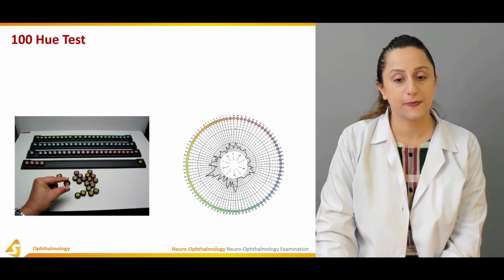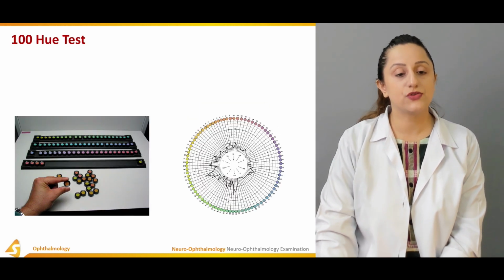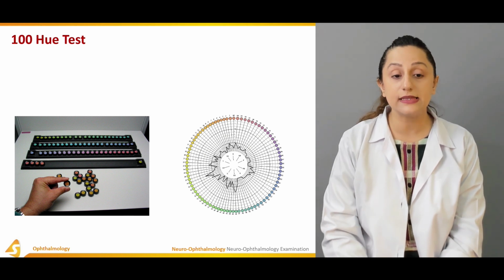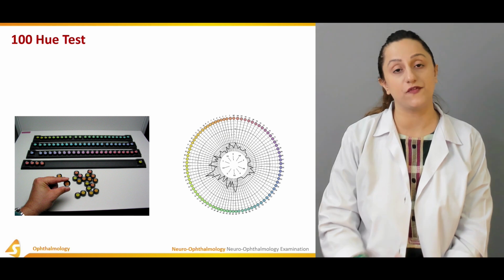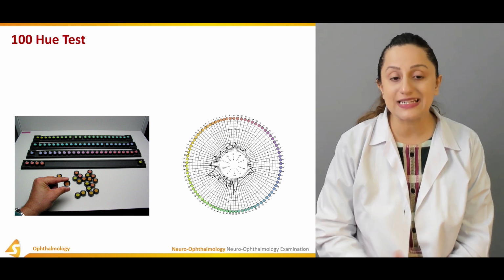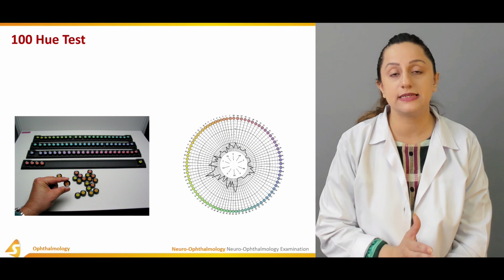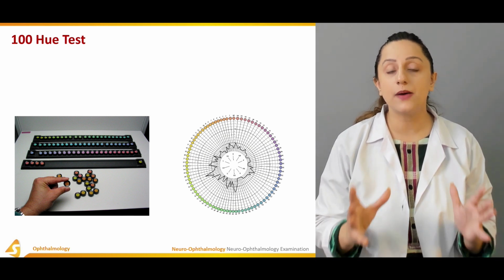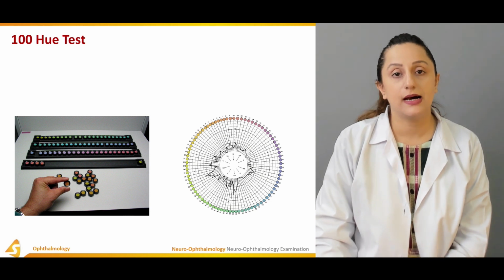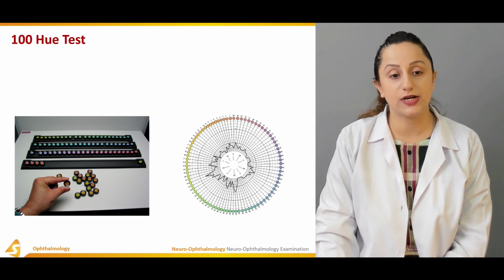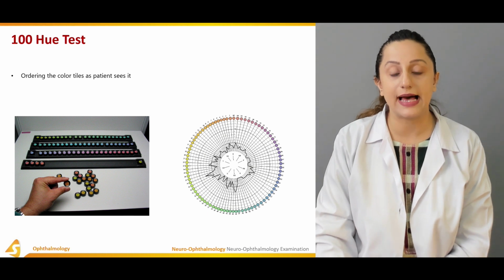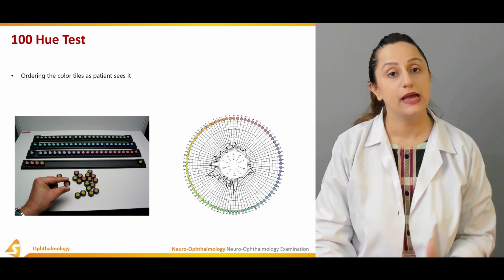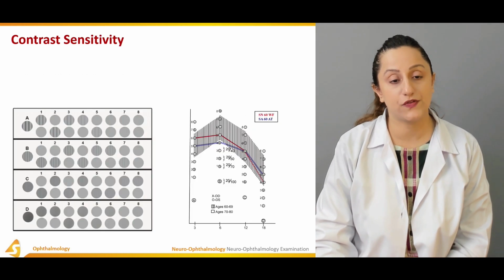Over here you can see there is a range of discs that differentiate the different shades of each color, the different intensities of green, blue, pinks, reds, yellows. This is a more complicated kind of test that is sometimes performed, ordering the color tiles as the patient sees them. So this is the basic rule behind this kind of test.